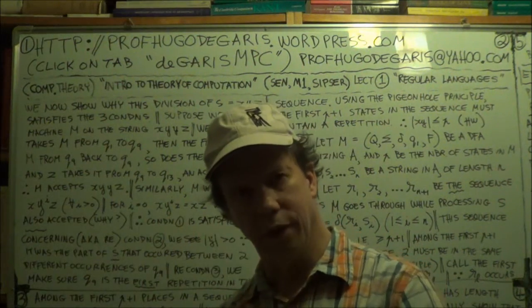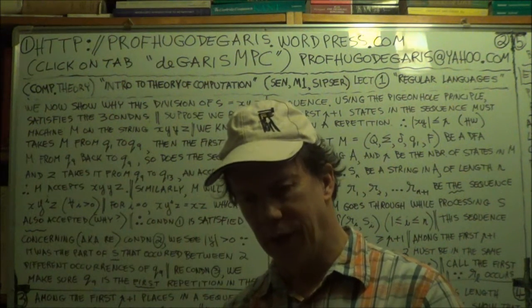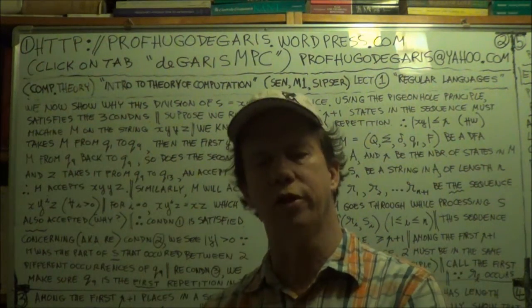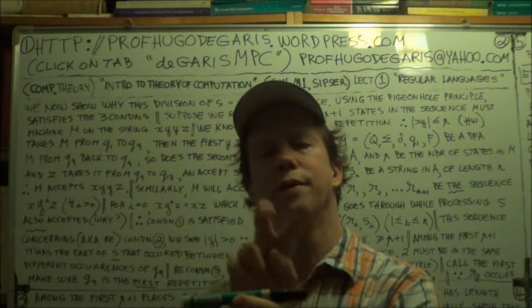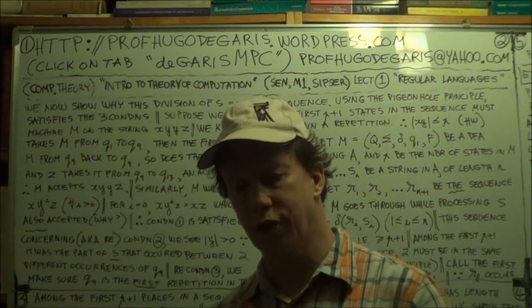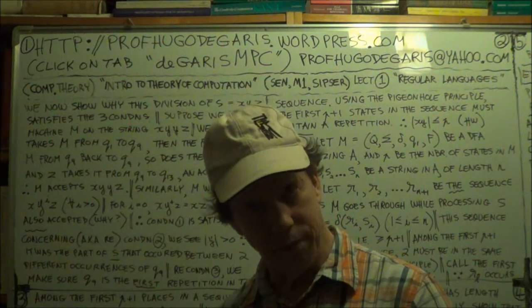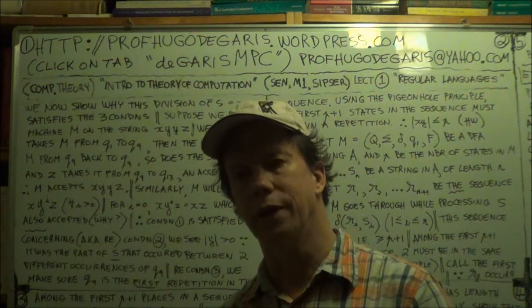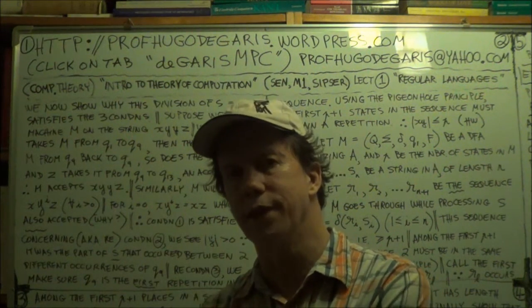There are 3 conditions on this pumped string. The main one is that the pumped string, x, y to the i, z, belongs to the language. The second is that the size of y has to be positive, it can't be 0.